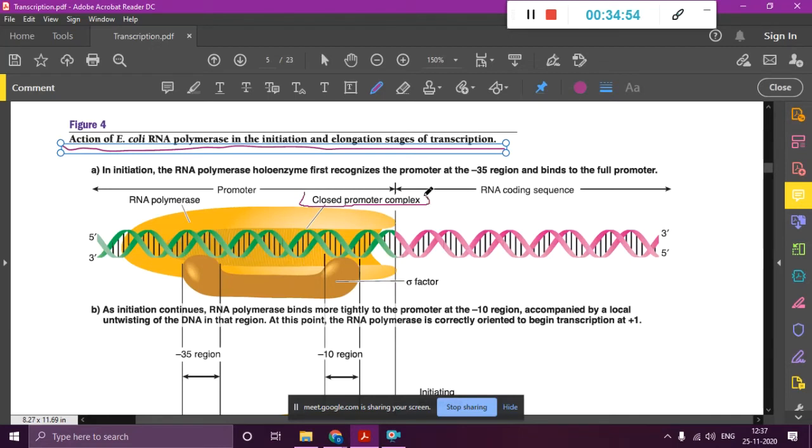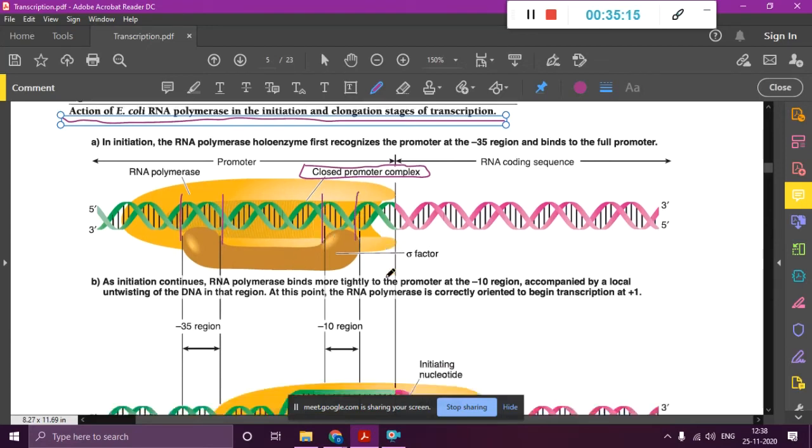If they ask the question, what is a closed promoter complex, this is the closed promoter complex. The sigma factor is bound over there. You can see that this region is the -35 region, and this region is the -10 region.